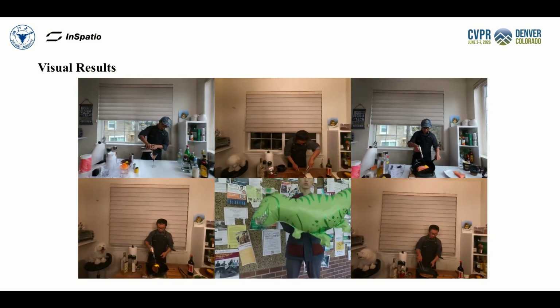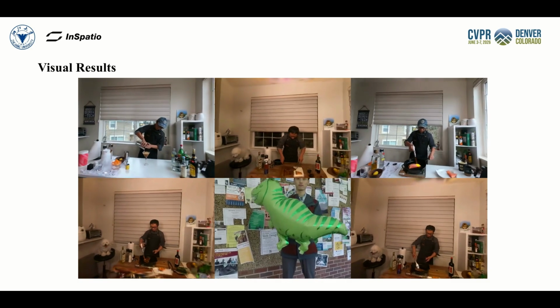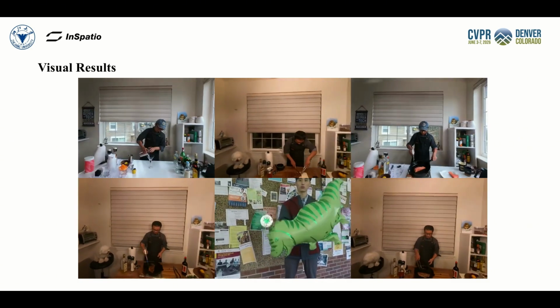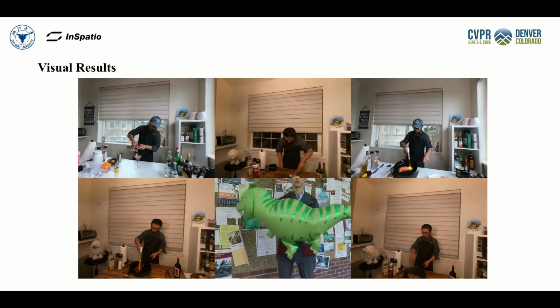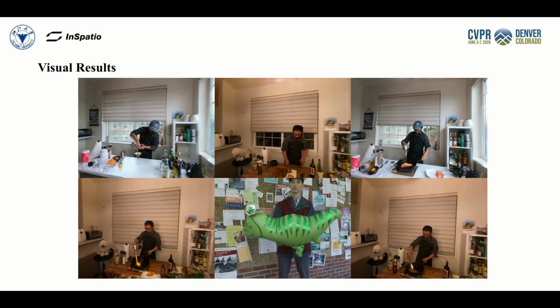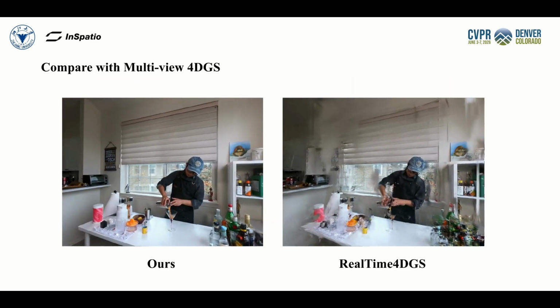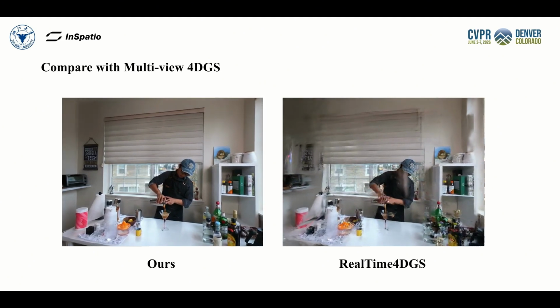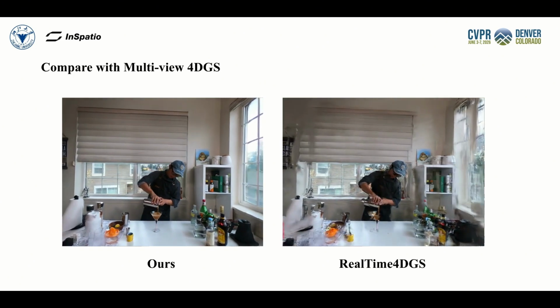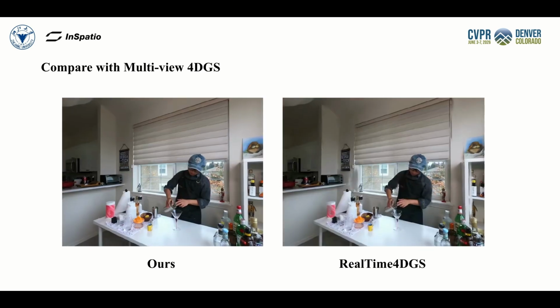Our method achieves state-of-the-art rendering quality in comparison with other methods. With only 2 to 3 input cameras, our method achieves high-quality novel view synthesis with sharp details, stable dynamic regions, and minimal artifacts across diverse scenes and viewpoints. In comparison with multi-view 4DGS methods, our method maintains consistently higher rendering quality, while these methods degrade severely due to the lack of dense camera coverage.